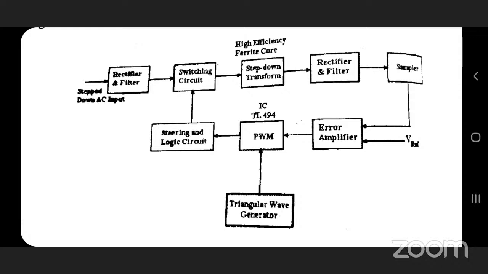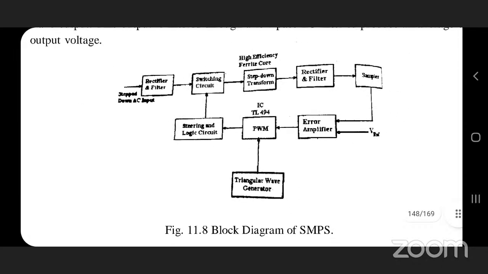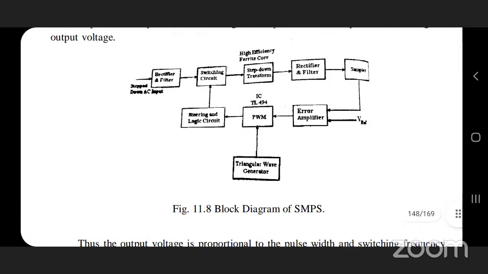A sampler is connected, and a parallel amplifier is there, which passes through the IC CL494, where a triangular wave is generated, and which goes to the logic circuit. If not, then again it passes through the switching buffer supply. Okay, that is the switching circuit. This is the block diagram of SMPS.